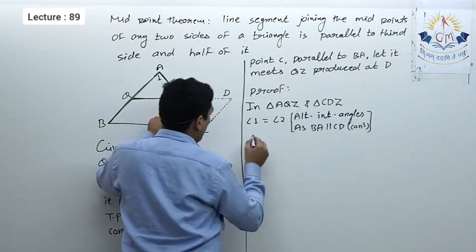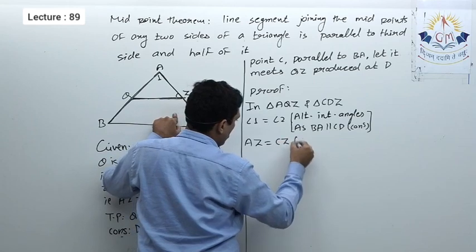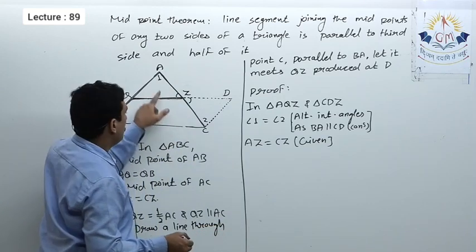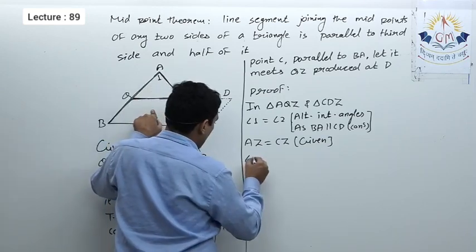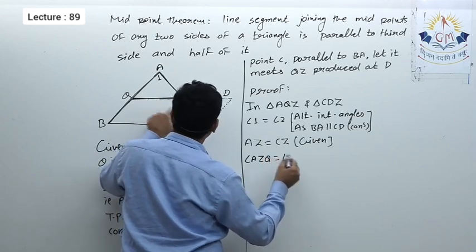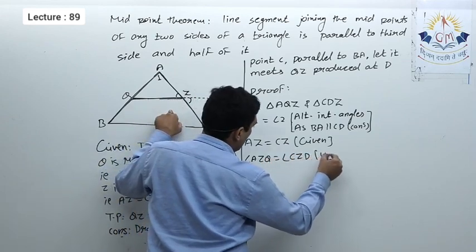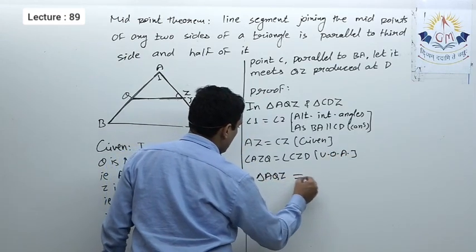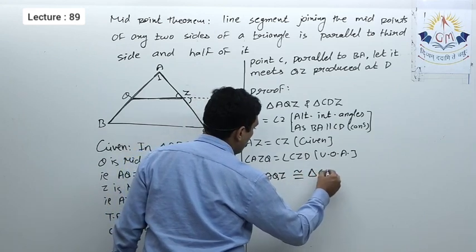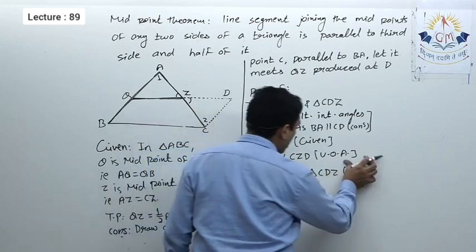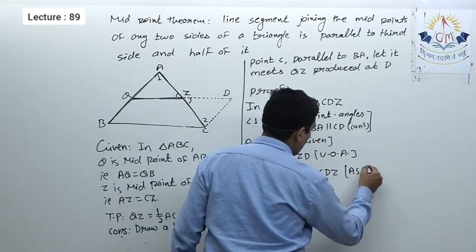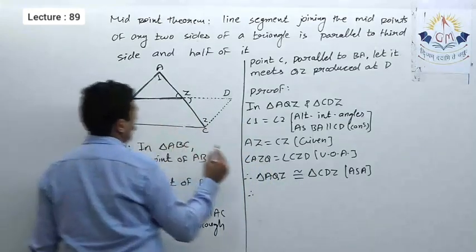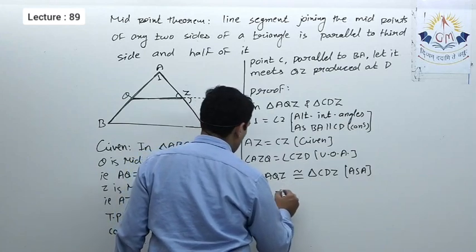AZ is equal to CZ, that is given, and angle AZQ is equal to angle CZD, vertically opposite angles. So triangle AQZ is congruent to triangle CDZ by angle side angle.